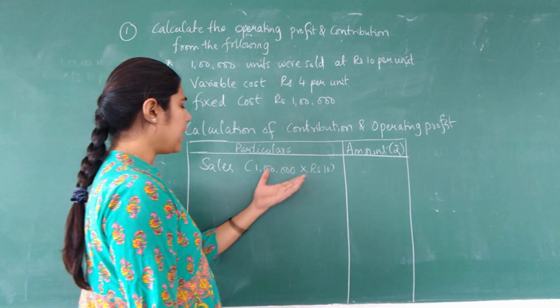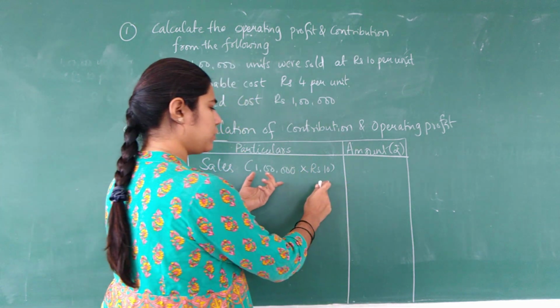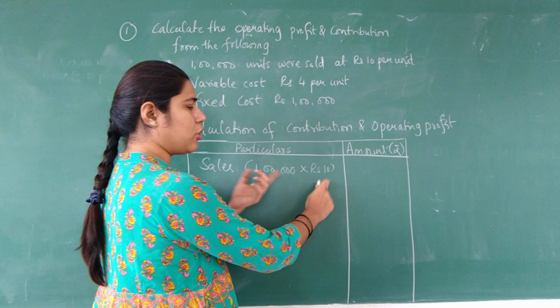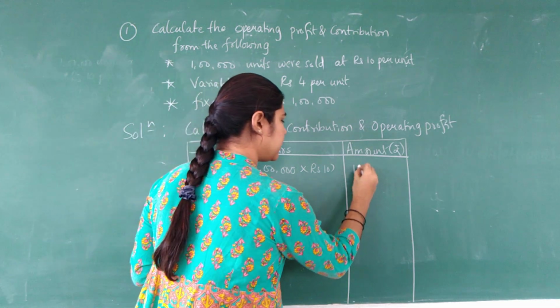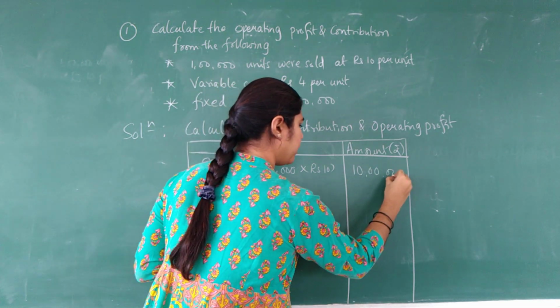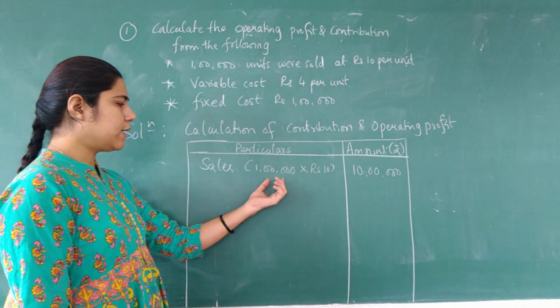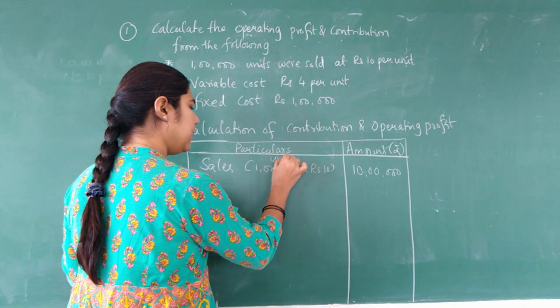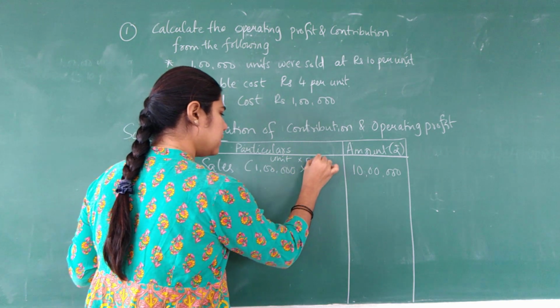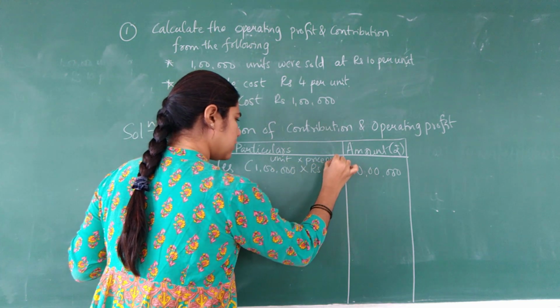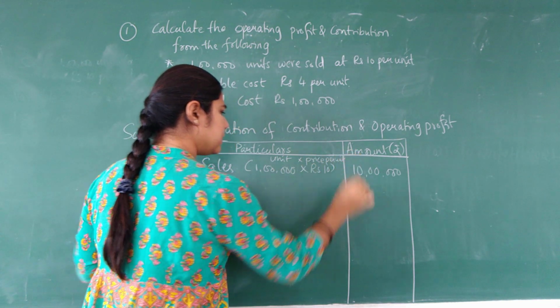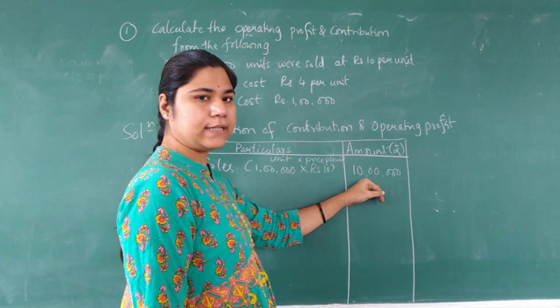So I will multiply the units into the unit price. Once again, I repeat: these are the units, and these are the unit prices. So we will get the sales value as 10 lakh rupees.